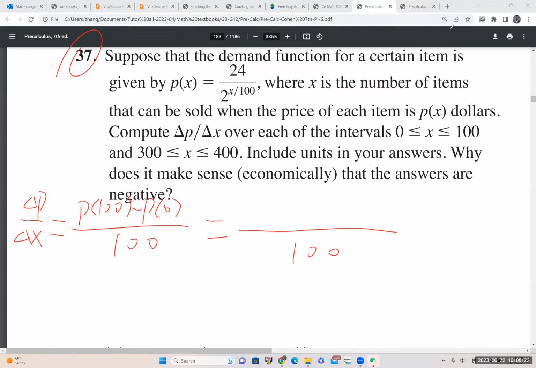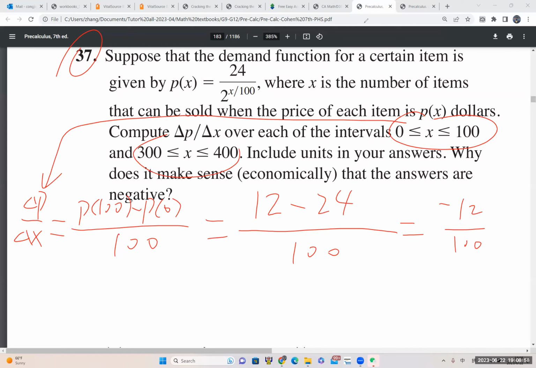When x is 100, here it's just 1, so we get 2 to the 1, 24 over 2 is just 12, minus when x is 0, here is two to the zero power, which just means 1, so it's 24. Then it's negative 12 over 100, right? Let me know if you have a question. So here for this period, right?